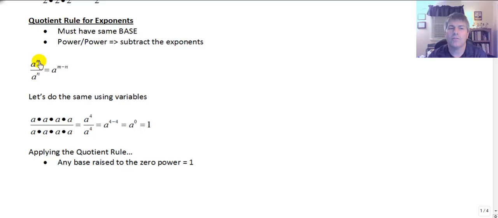And we will always subtract the exponent on the denominator from the exponent on the numerator. And yes, I said that twice in a row intentionally. So that leaves us a to the m minus n.